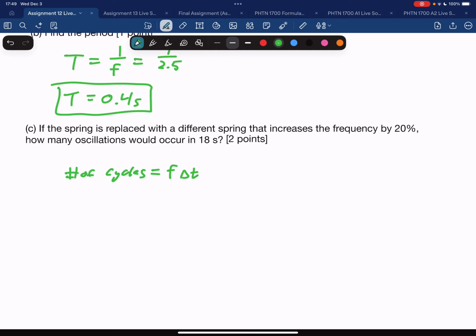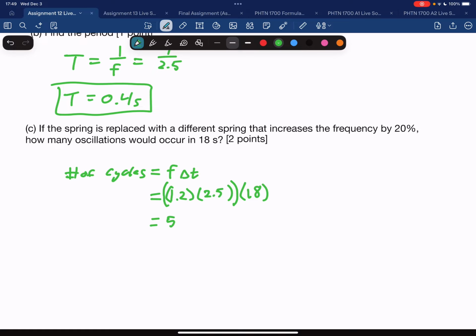And I want to increase the frequency by 20%. So when I sub in, I'm going to have a multiplier of 1.2 in front of my frequency of 2.5 here. This is going to be what increases my frequency by 20%. And we still have 18 seconds.